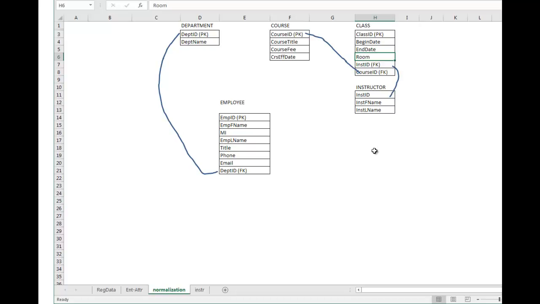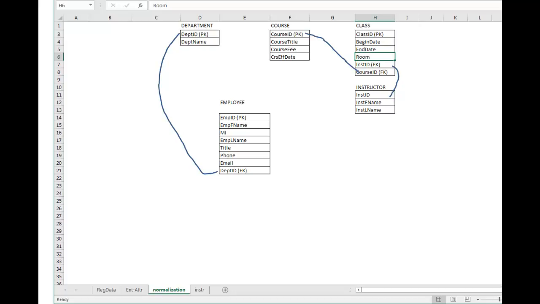So it takes more from a maintenance perspective to maintain this database by creating so many different tables. So it is okay sometimes to denormalize your data in exchange for a less complicated database. For that reason, this room is going to be left in the class table.